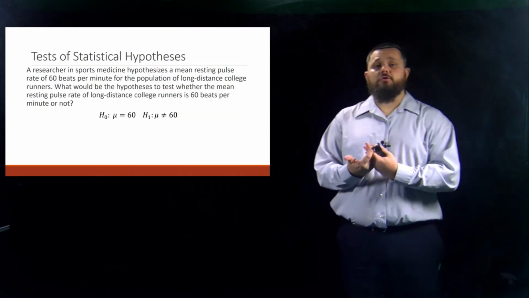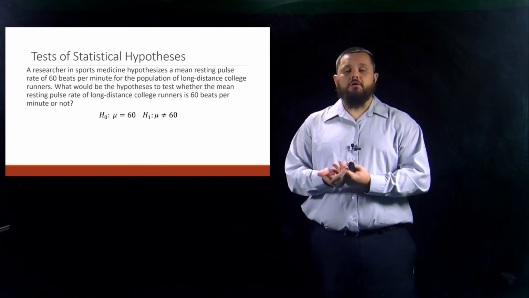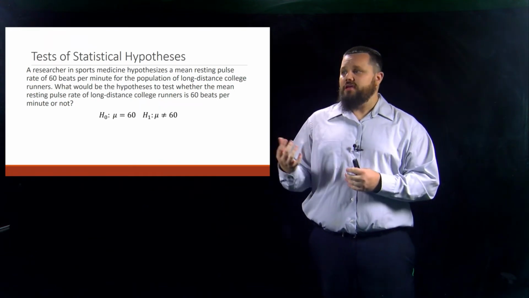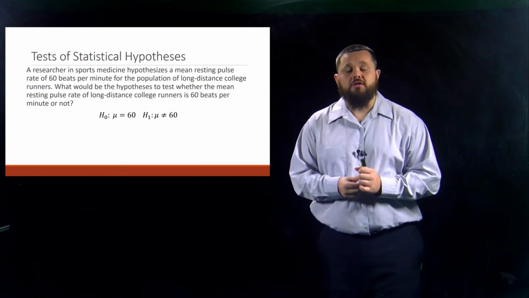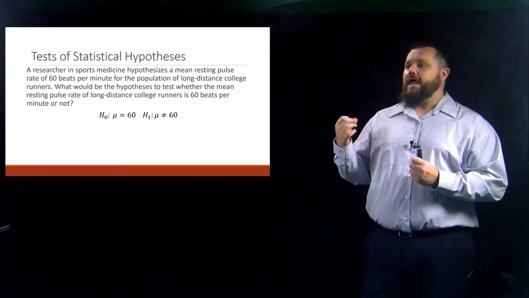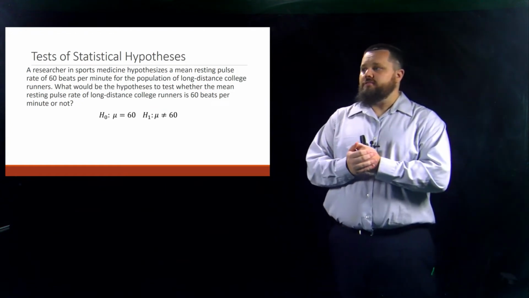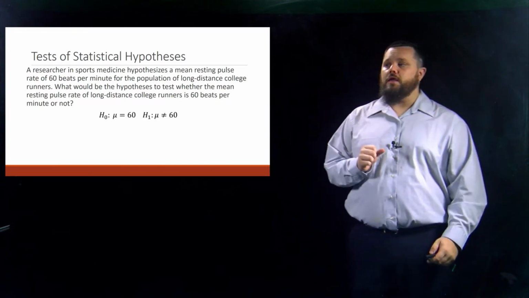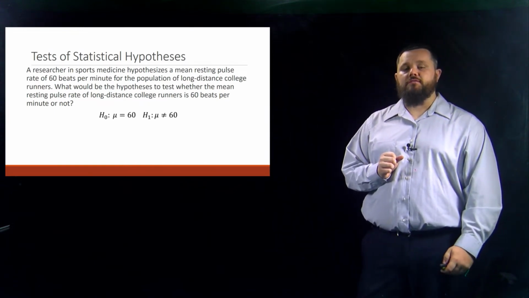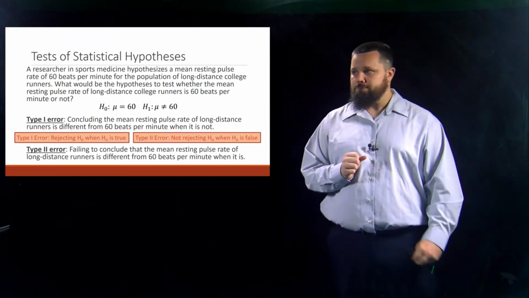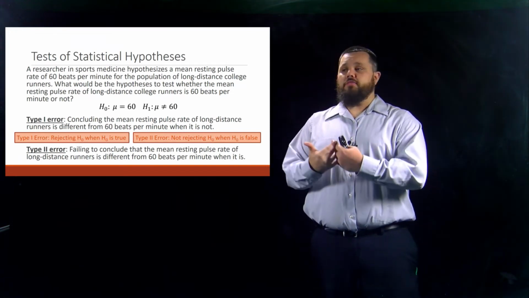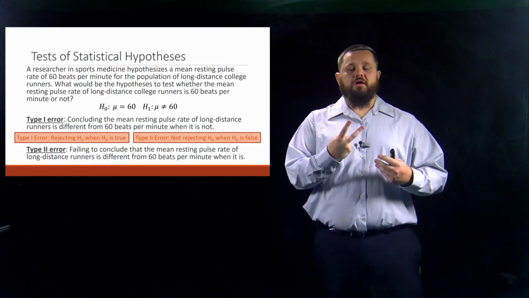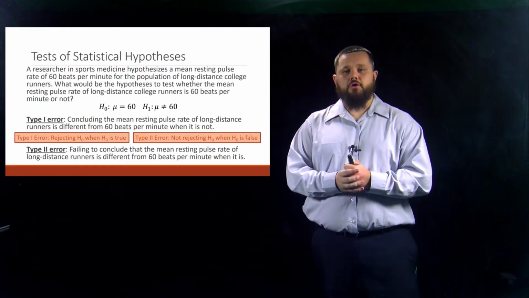So to put it to a more practical example, we had the example where we were testing to see if long-distance college runners had a mean resting pulse rate of 60 beats per minute or not. So we had the following hypotheses: mu equal to 60 versus mu not equal to 60. So in this case, again, we've got the 2 types of errors that could occur.